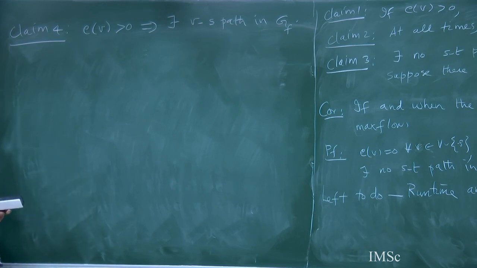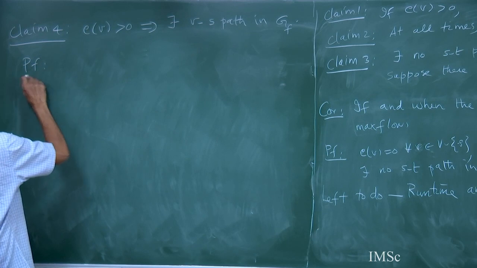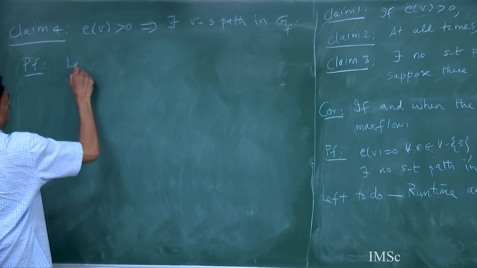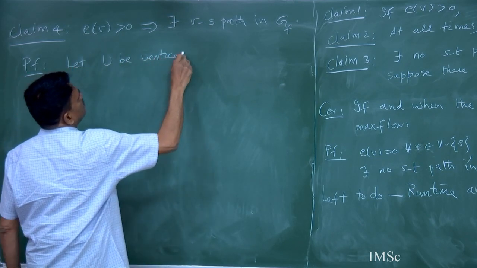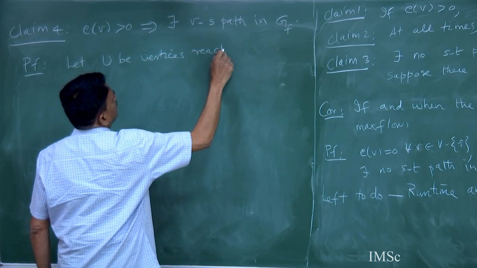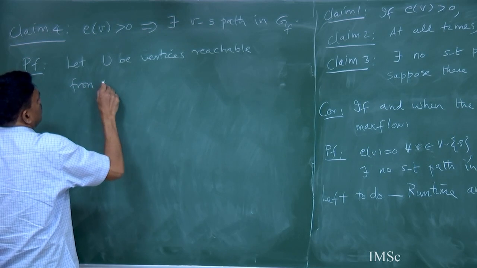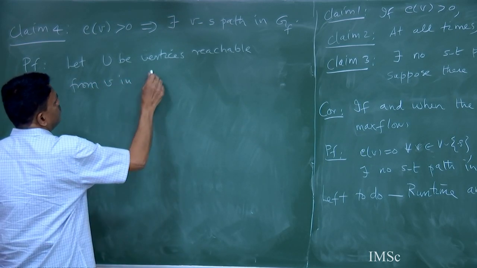Okay, so a formal proof, well, a semi-formal proof: let U be the vertices reachable from v in G_f.